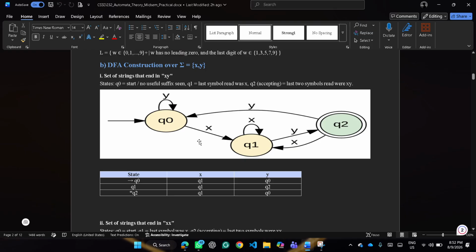Something may come before the XY, and the string still ends with XY. So that's how it is.